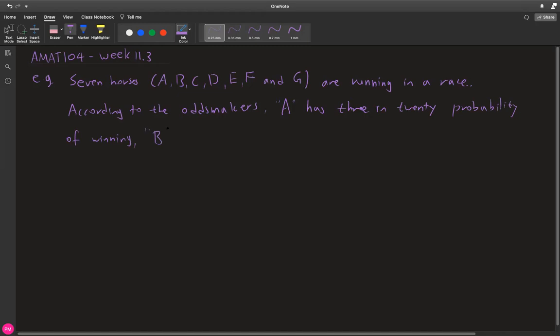And B has 7 in 20 probability of winning.